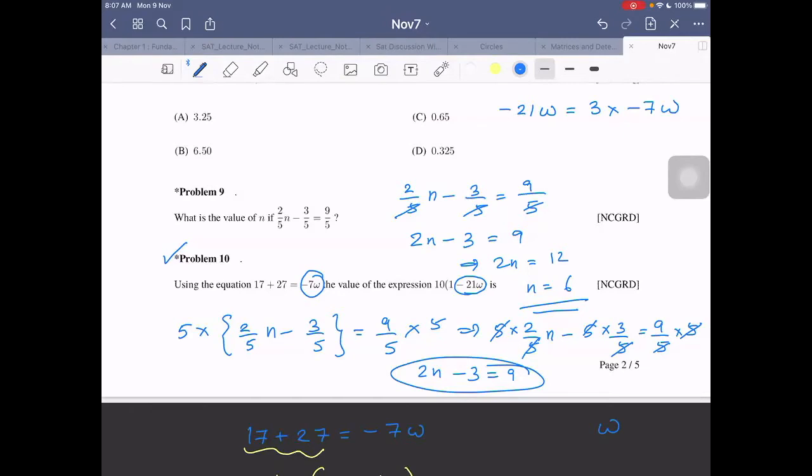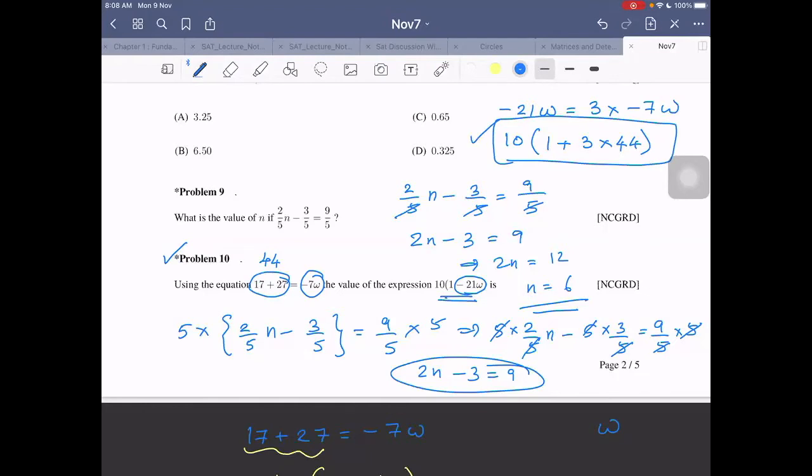Yes. So minus 7 omega is given as 44. Why don't we just go and plug in that number here? And you have the answer directly, right? So it becomes 10 times 1 plus, minus 21 omega is 3 times 44.